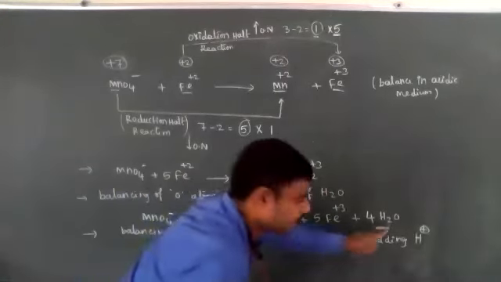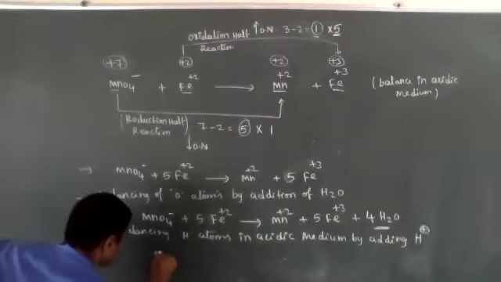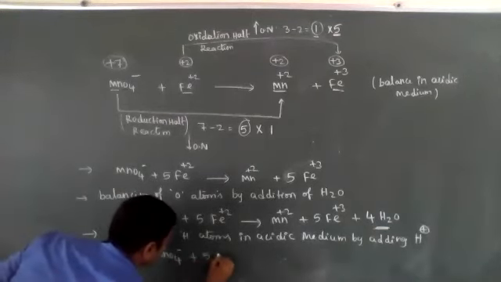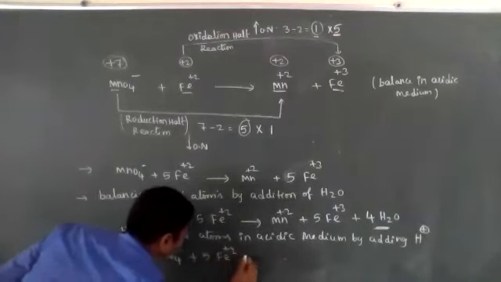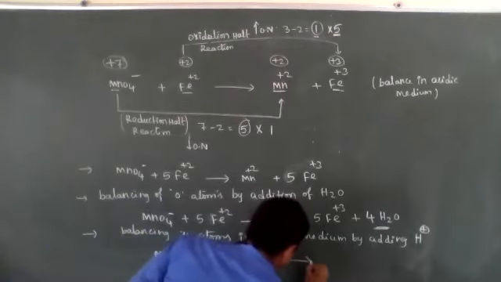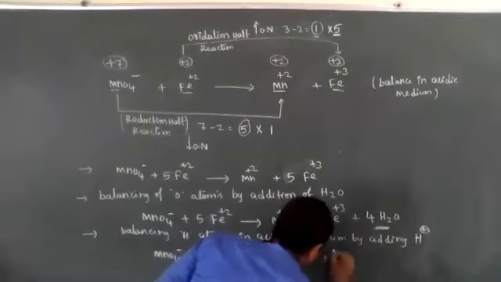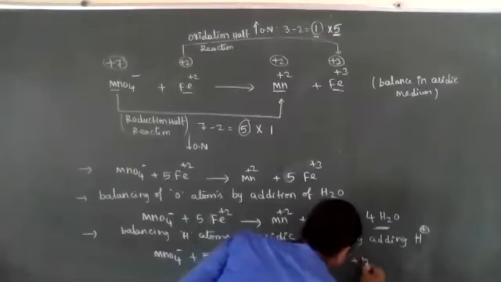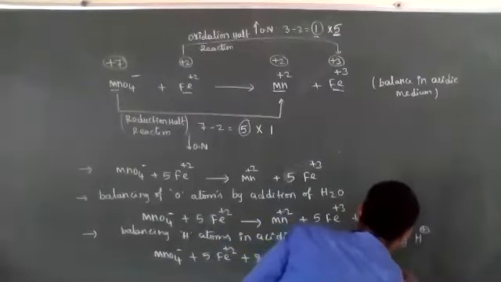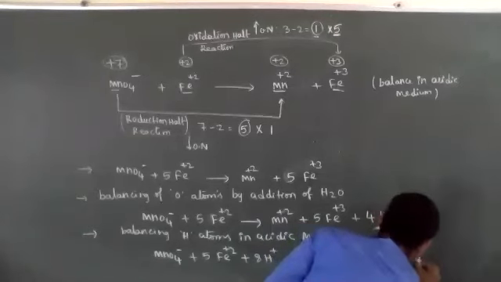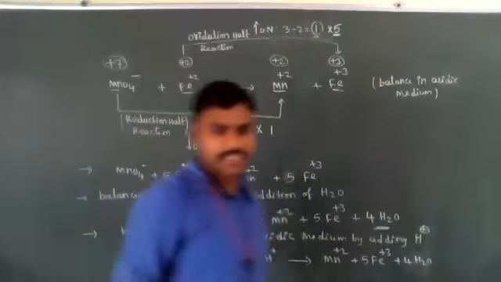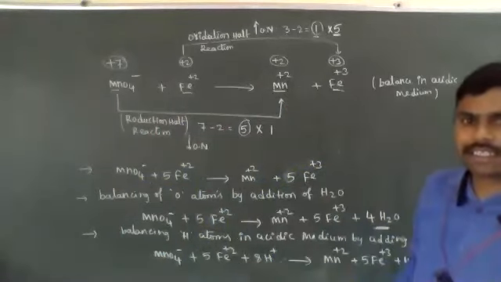How many? 8. The final equation is MnO4 minus plus 5 Fe plus 2 plus 8 H plus gives rise to Mn plus 2 plus 5 Fe plus 3 plus 4 H2O. This is the final balanced equation. See how very simple it is in the oxidation number method.